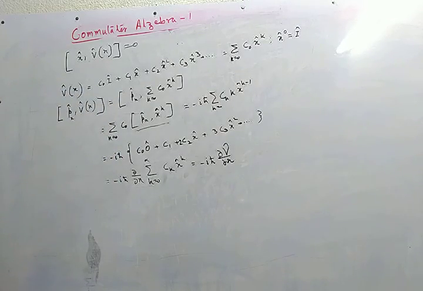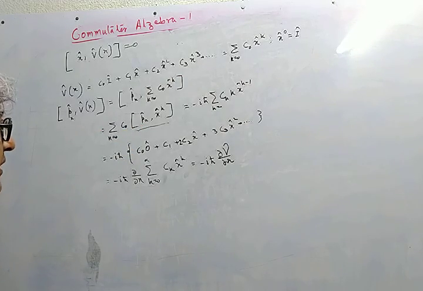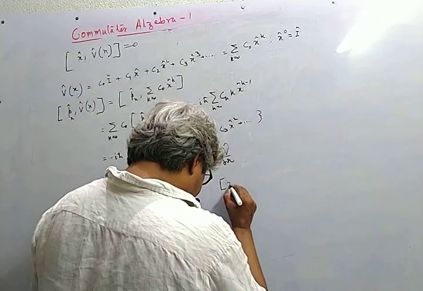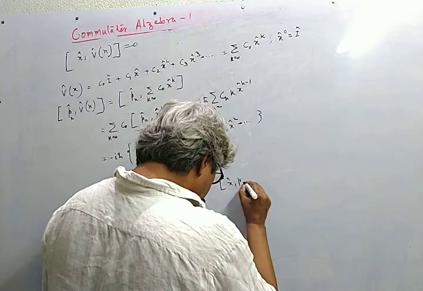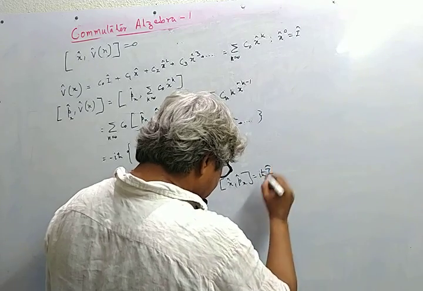In this expression we haven't explicitly used the operator form of px, but we have only used the basic commutator relation, that is [x, px] is equal to i h cross identity.